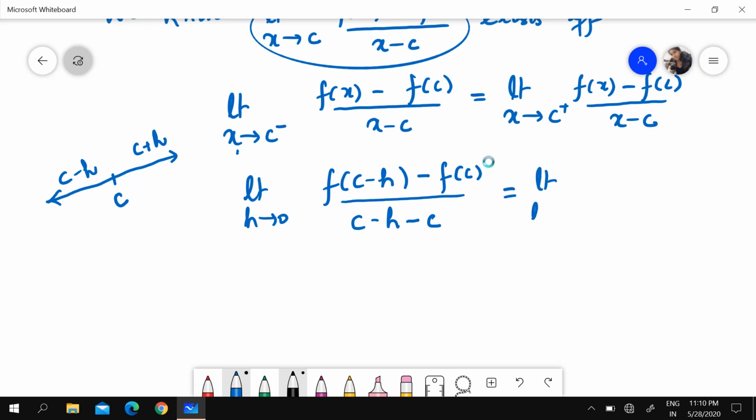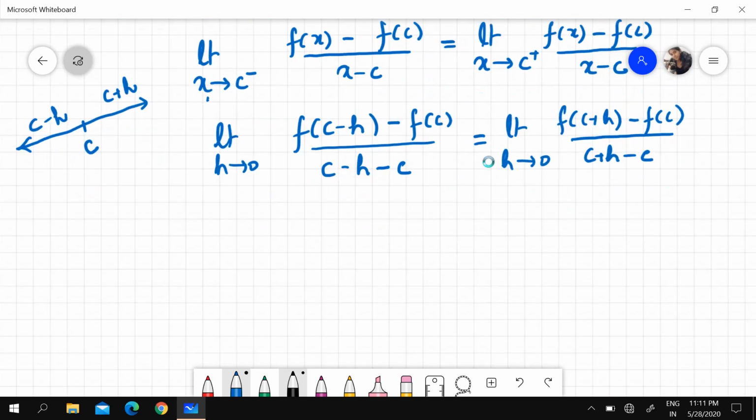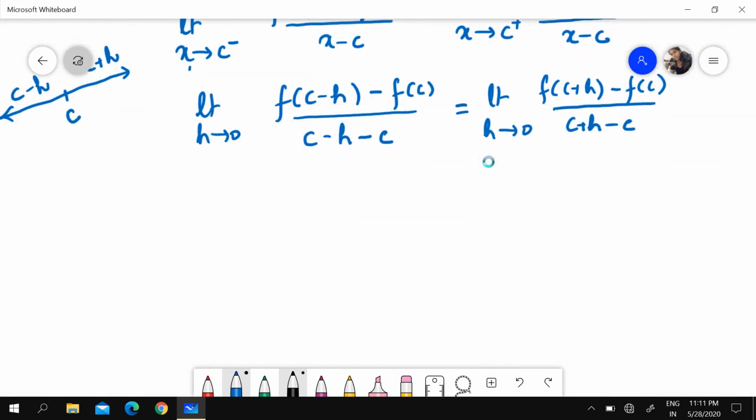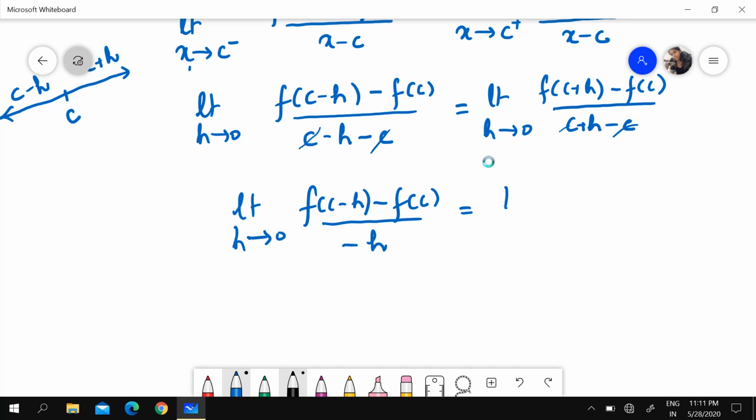is equal to the limit as h goes to 0 of (f(c plus h) minus f(c)) upon (c plus h minus c). As you can see, the c will cancel in the denominator. So this expression becomes the limit as h goes to 0 of (f(c minus h) minus f(c)) upon minus h, equal to the limit as h goes to 0 of (f(c plus h) minus f(c)) upon h.